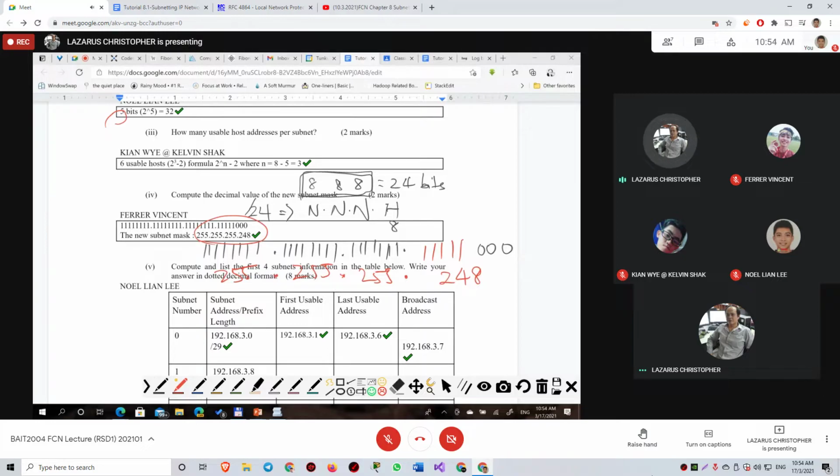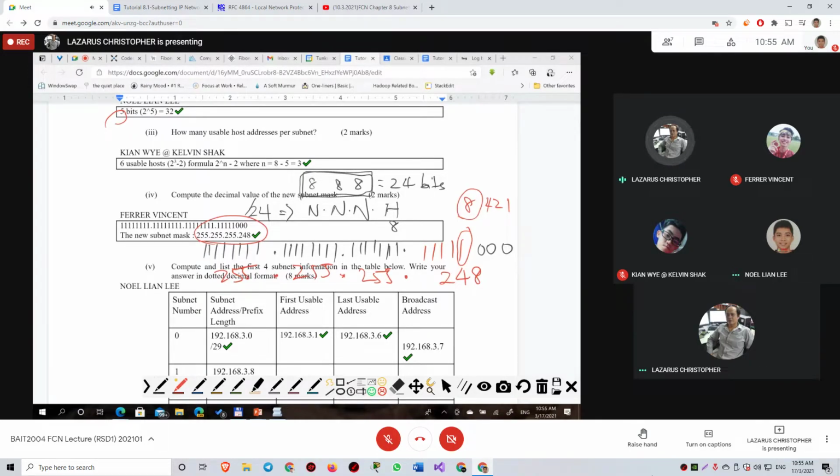Before we move on to part 5, from the subnet mask, what is the last bit position? This is 1, 2, 4, 8. So the magic number is 8. Remember the magic number? What is it used for?